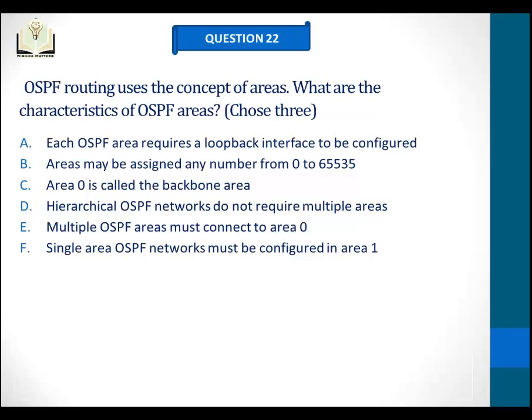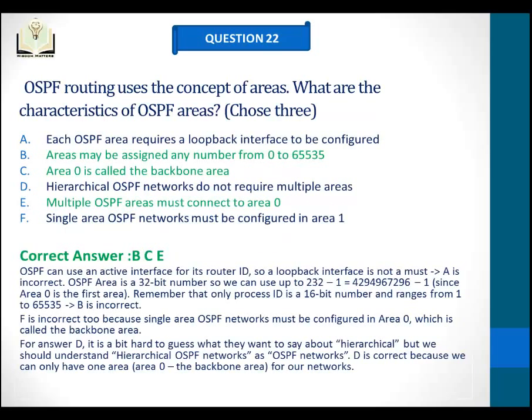D, OSPF networks do not require multiple areas. E, multiple OSPF areas must connect to area 0. And F, a single area OSPF network must be configured in area 1. And the answer is B, C, and E. That is, areas may be assigned any number from 0 to 65535, area 0 is called the backbone area, and multiple OSPF areas must connect to area 0.